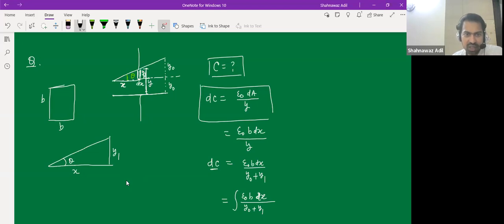Any trigonometric ratio that is coming into your mind? What would be tan theta? Tan theta is y1 by x. So I can write y1 as x tan theta, right?